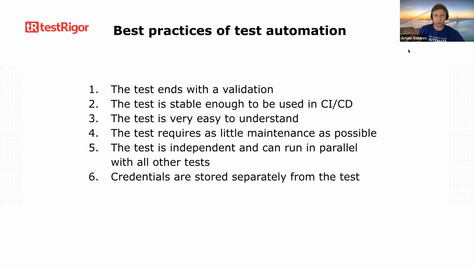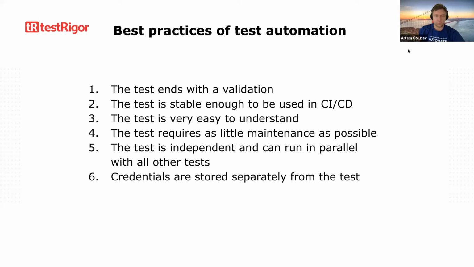There is a question: should I use validations inside the test, which are not the last step? There are multiple trains of thought on that, and different groups have different opinions. Because it's very opinionated, and each approach has pluses and minuses, I would just not mention it here. But as a best practice, having a validation is a must, that's for sure.